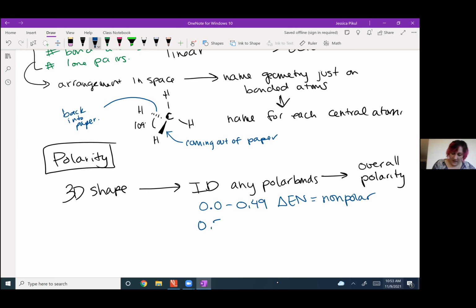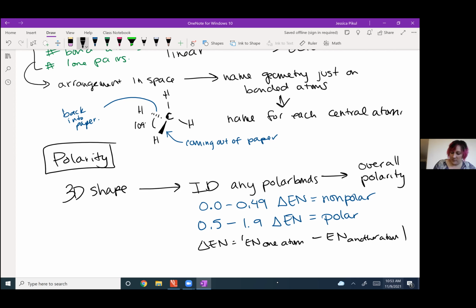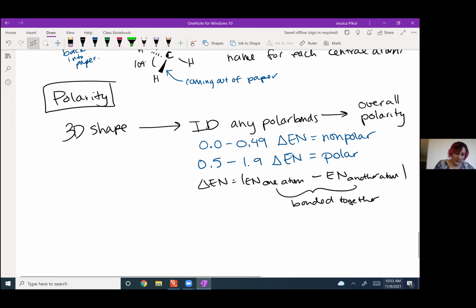Anything that's 0.5 to 1.9 difference in electronegativity will be polar covalent. That electronegativity difference is just equal to the electronegativity of one atom minus the electronegativity of another atom. We usually look at the absolute value, and these have to be bonded together. And so we identify these polar bonds.